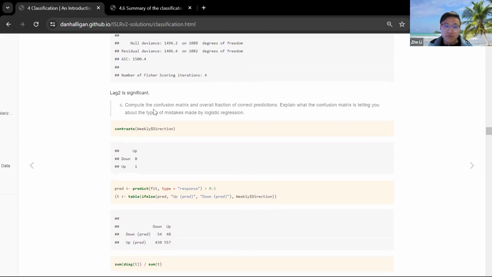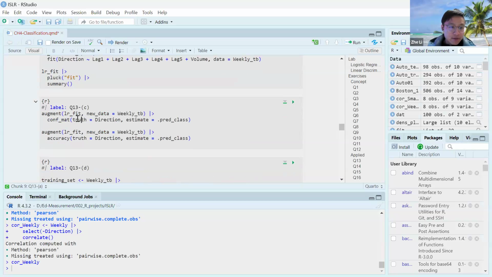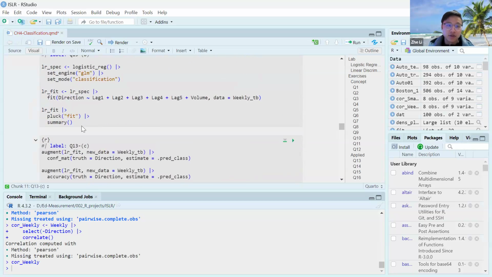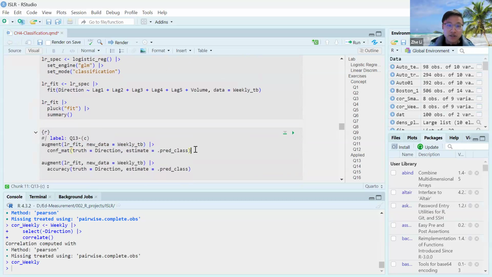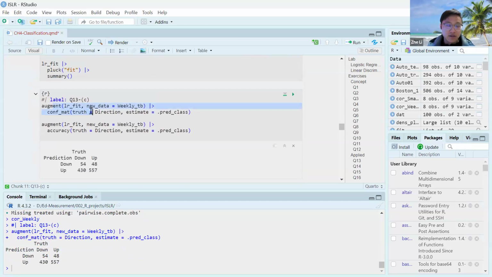The third question is to compute the confusion matrix. And I found that the table function, combining the prediction and the data that I want to predict, is quite useful when we want to know the confusion matrix. So, for example, if we use this command, we can get this confusion matrix.